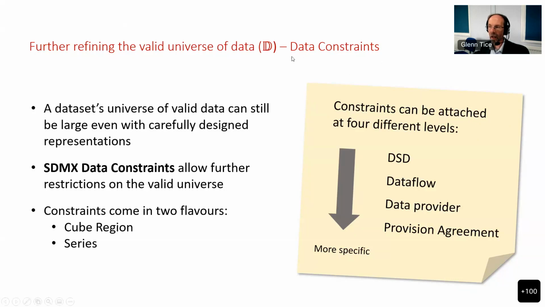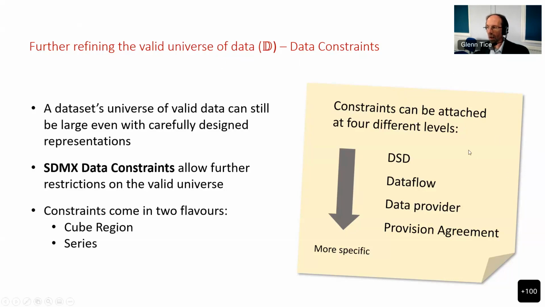So today we're going to look at reporting constraints, or in SDMX 3 what we call data constraints. Data constraints allow us to further refine this valid universe of data for particular data flows and particular data exchange use cases.